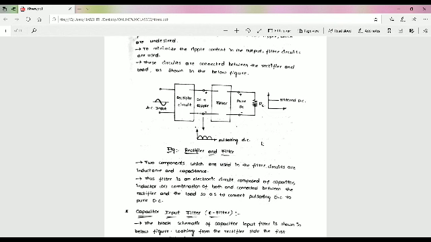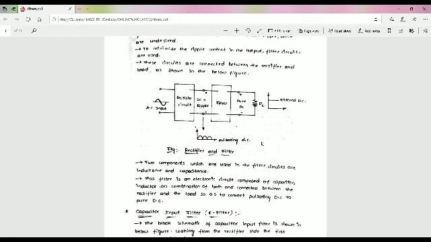On the rectifier side, if the first element in the filter circuit is a capacitor, then the filter is called a capacitor input filter. While if the first element is an inductor, it is called a choke input filter.